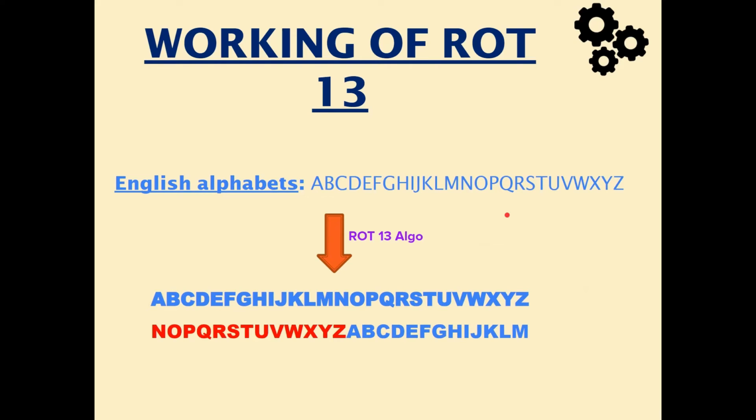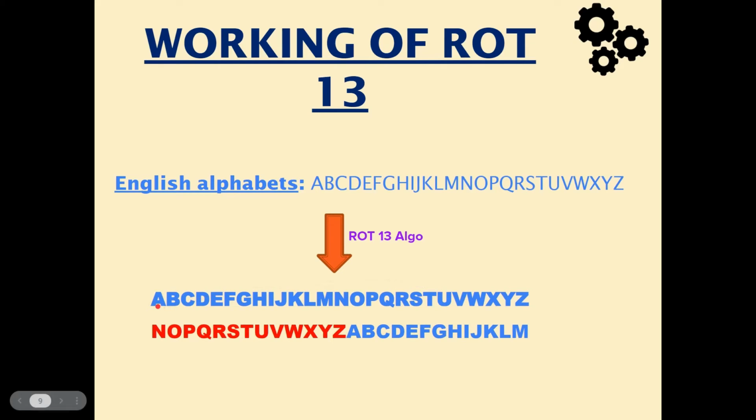Now, we know that there are 26 English alphabets. Whenever we apply this ROT13 algorithm, it performs encryption, because it is an encrypting algorithm. It replaces any letter among these 26 letters with its 13th position character.